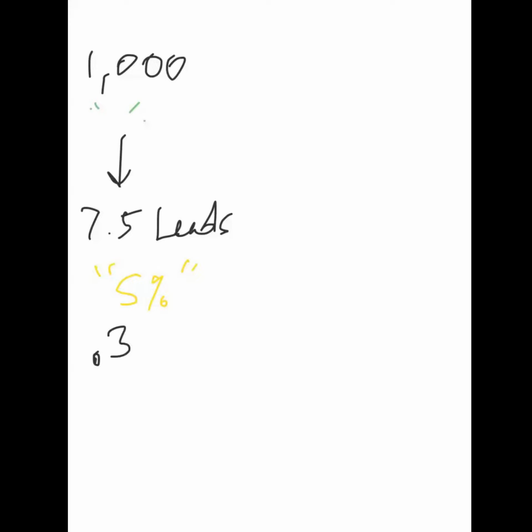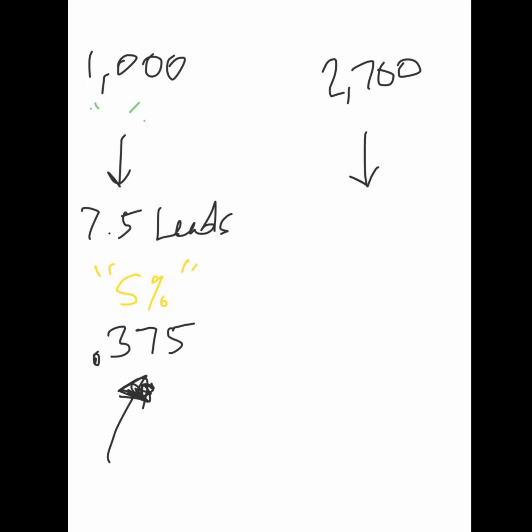It's like 0.375. So what do we need to do to get one deal, keeping these same KPIs? When you do the math, it ends up being about 2,700 prospects. Everything else in this stays the same.